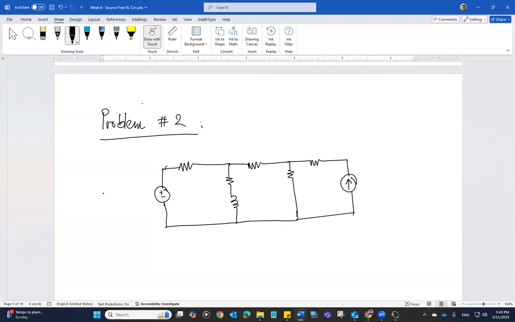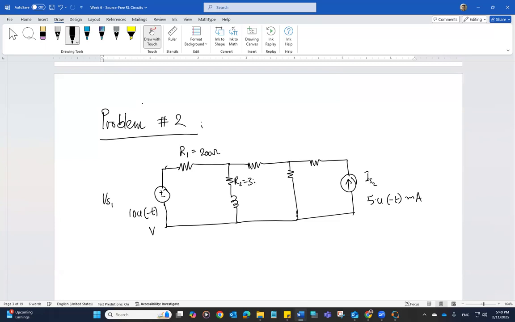Okay, we have a voltage source. Let's call it VS1. Let's assign a value 10 u(-t) volt. And we have a current source. Let's call it IS2, and let's say this is 5 u(-t) milliampere. We have R1, let's say this is 200 ohm.